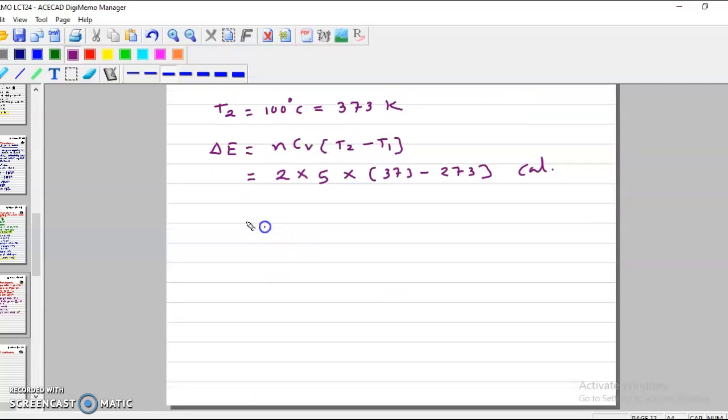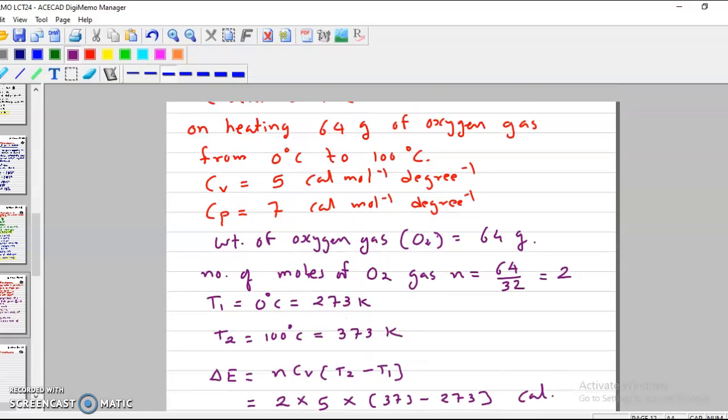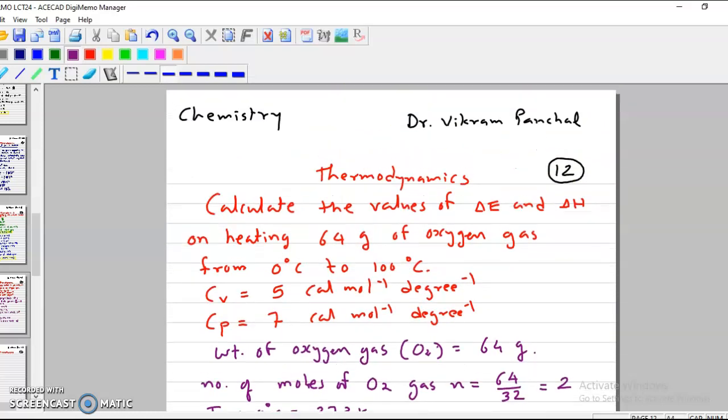Next is delta H. So delta H is equal to n CP (T2 minus T1). So here number of moles are 2, CP is 7, T2 is 373 Kelvin and T1 is 273 Kelvin. So here also answer will be in calorie, and this way you can find out delta H. So these numericals are very easy. If you know all data, you can just put values and find out final answer.